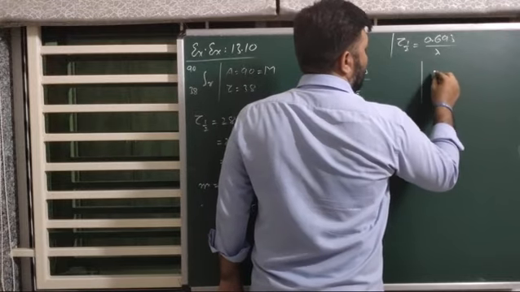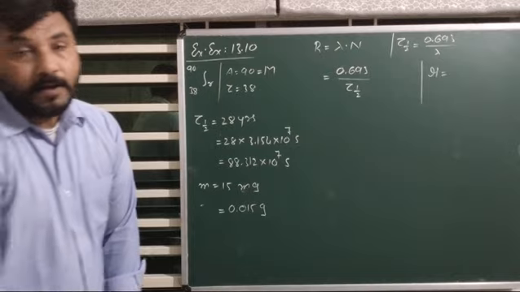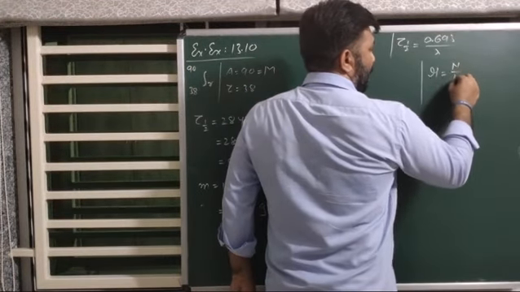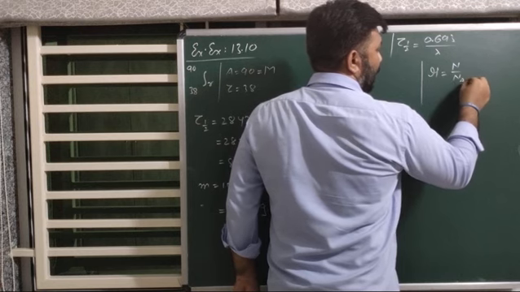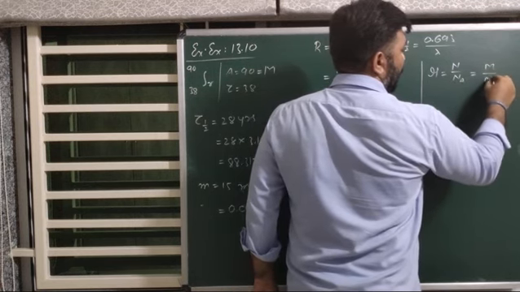What is N? From the equation, number of moles mu is equal to N by Na, where Na is the Avogadro number, and mu is equal to m by Mo.